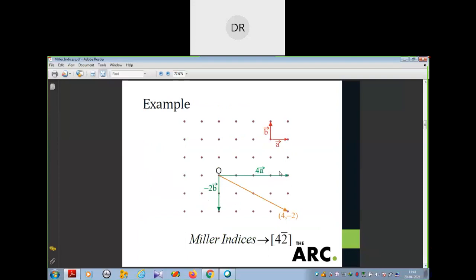So what will be the Miller indices? 4 means 1, 2, 3, 4 in the positive direction, and b is negative. Minus 2b means 1, 2 in the negative direction. So the coordinate will be 4, minus 2. So the Miller index we write as 4, 2 bar, because the bar denotes the negative.